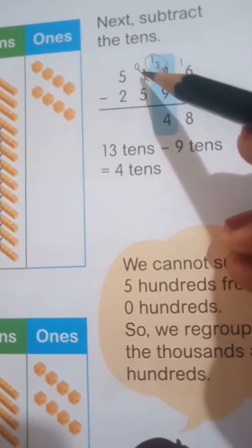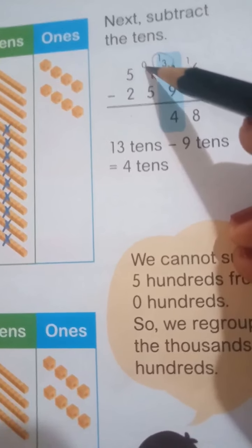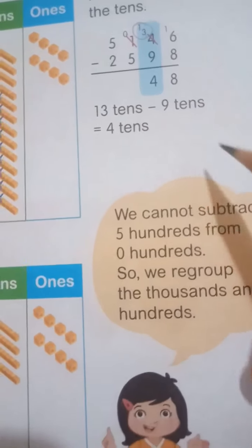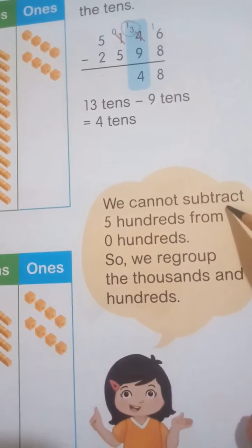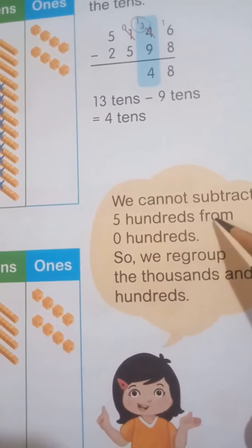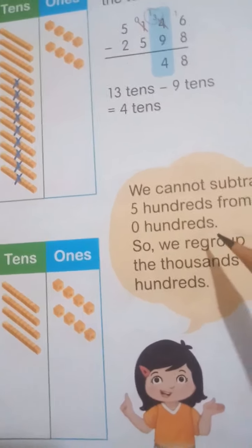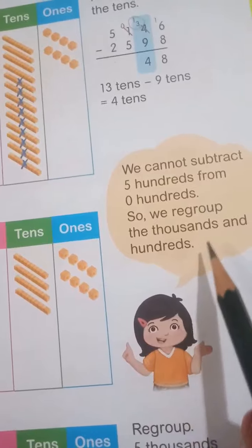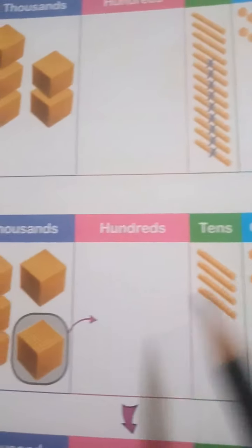How about the hundreds? 0 minus 500. We cannot subtract 500 from 0, so we regroup the thousands and hundreds.